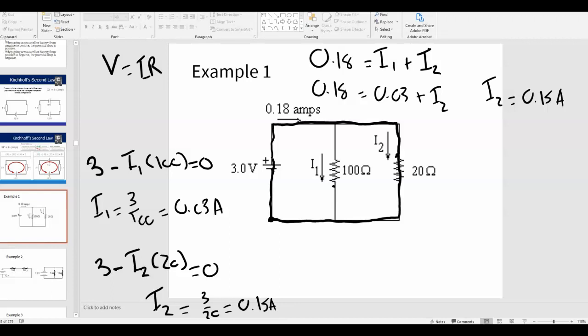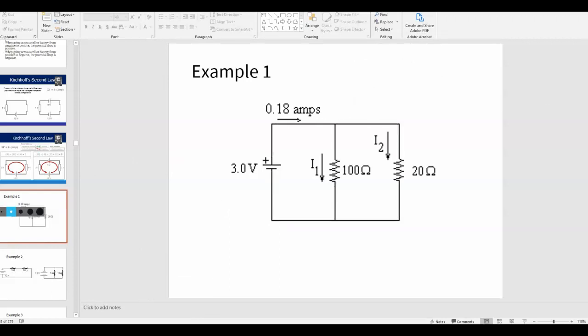Now, I do want to point one other thing out to you right now. Let's say I make a different loop. Let's say I start here, and let's say I go down. Okay, and there's a voltage drop here, and so that would be minus I1 times 100.